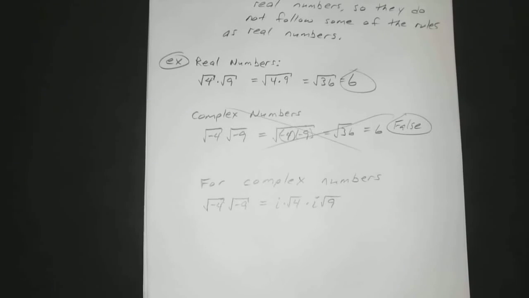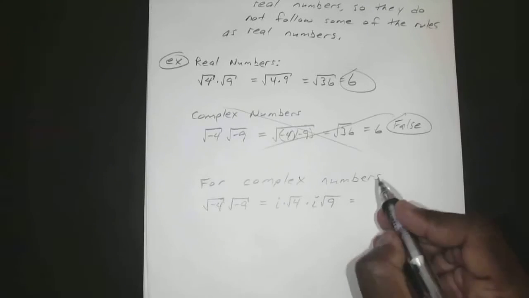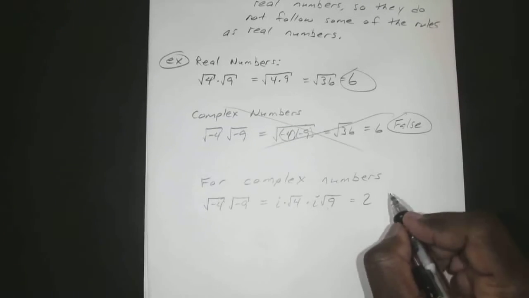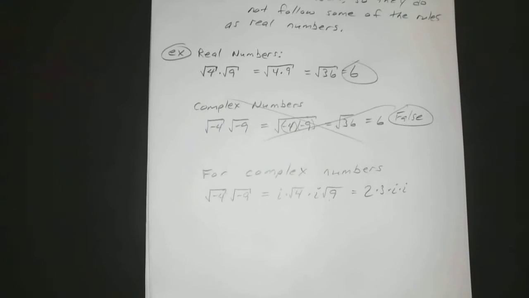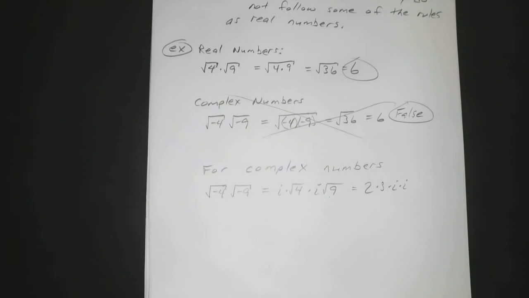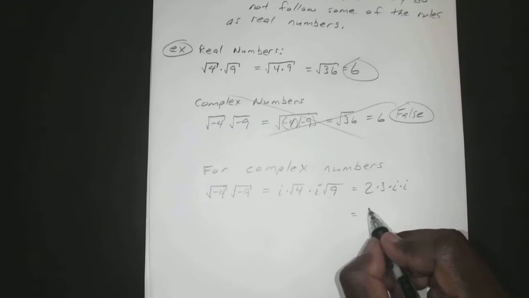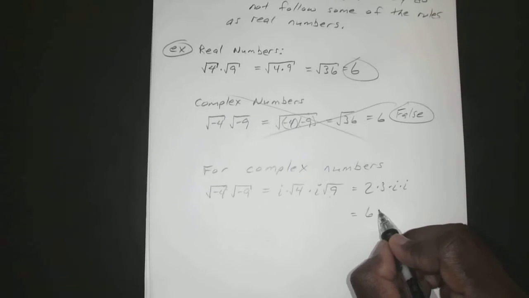Okay, so that square root of negative 1 didn't just disappear. You actually just moved it out. Okay, which equals square root of 4 is 2, square root of 9 is 3, and you have times I times I. Okay, so this actually will give you 6 times I squared.